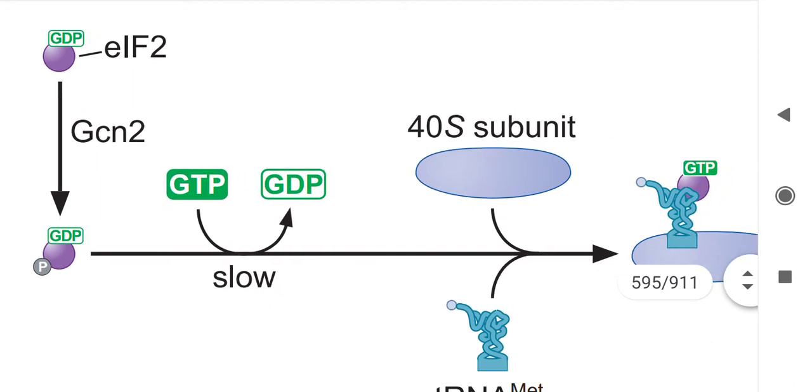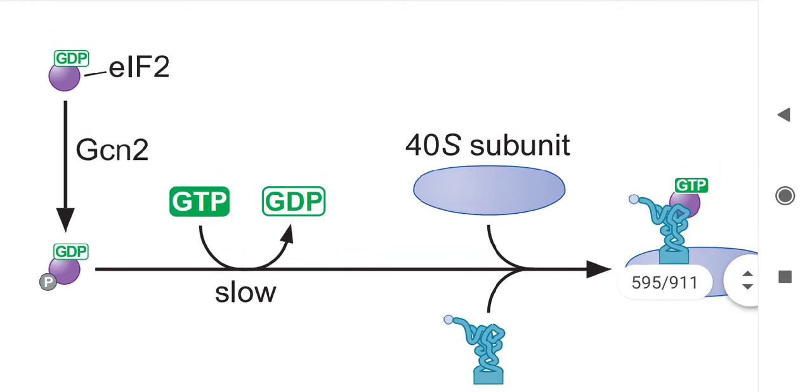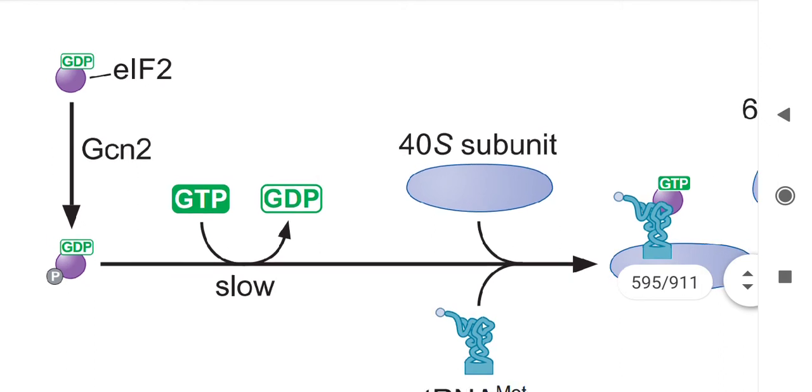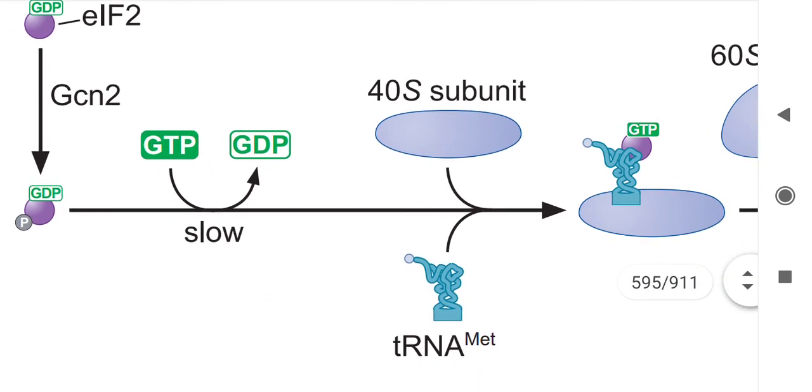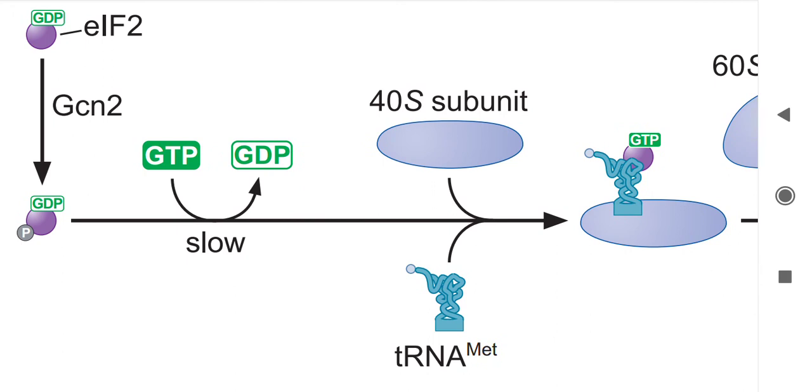It cannot bind with the ribosome now, and also under those conditions there will be less charged initiator tRNA available. The tRNA met, which is your initiator tRNA coding for methionine, will be less available because there is low amino acid now.